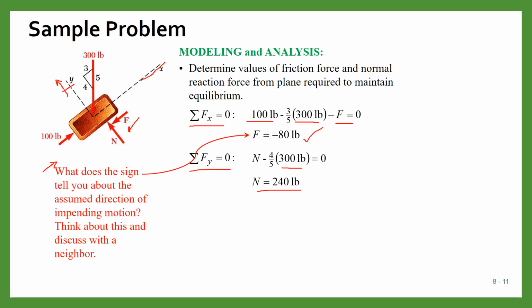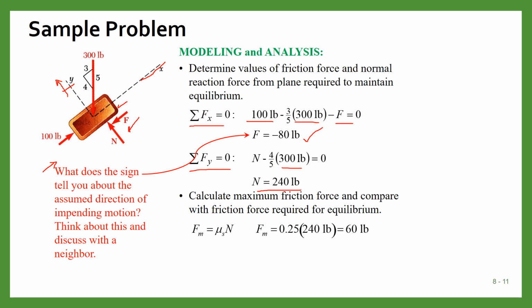The sign means that this force is opposite. Now we can calculate the maximum frictional force with this formula. We know N, and mu s is given in the problem, so Fm is 60 pounds.